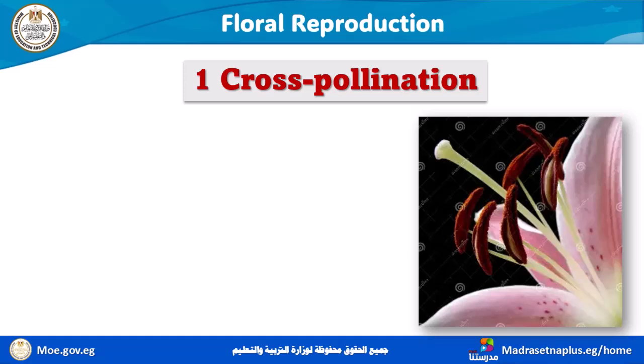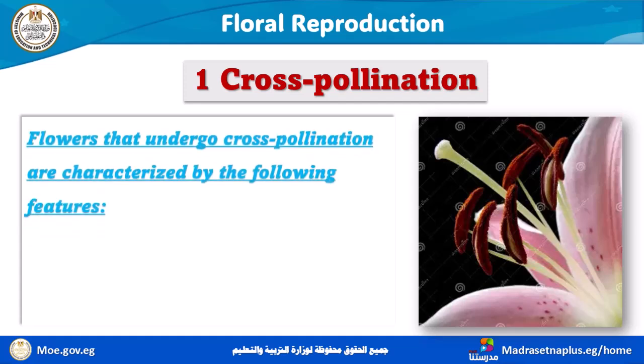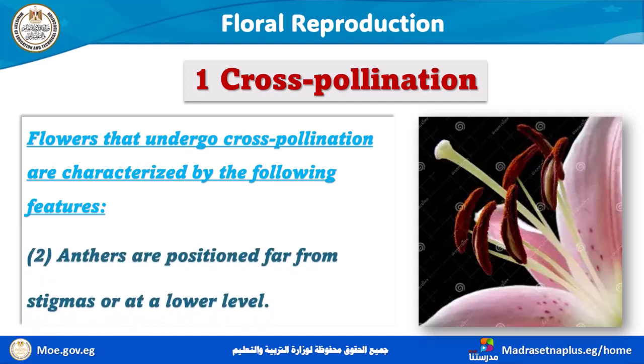The second feature that exists in flowers that undergo cross-pollination is that anthers are positioned far from stigmas, or at a lower level than the stigmas. You can see here the stigma is much higher than the position of the anthers.